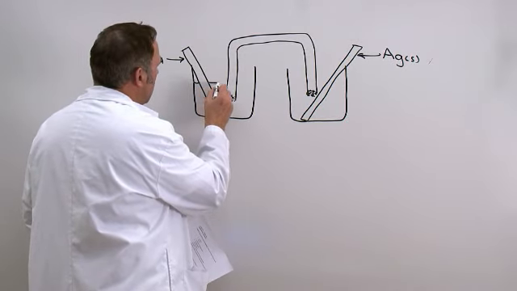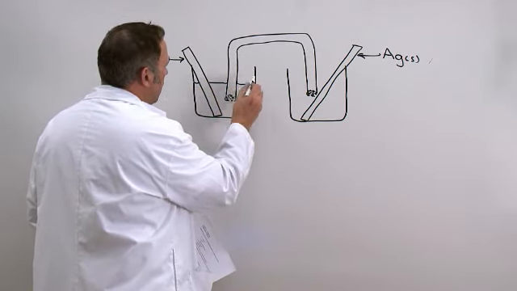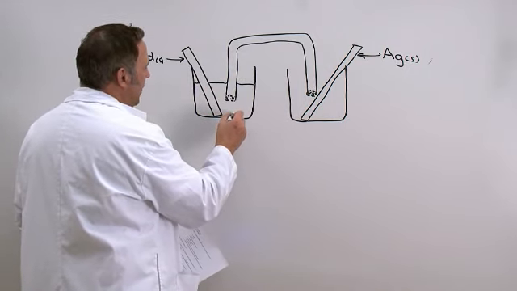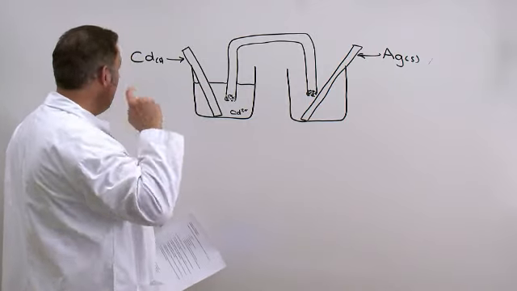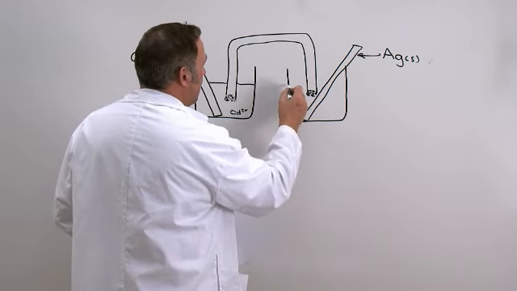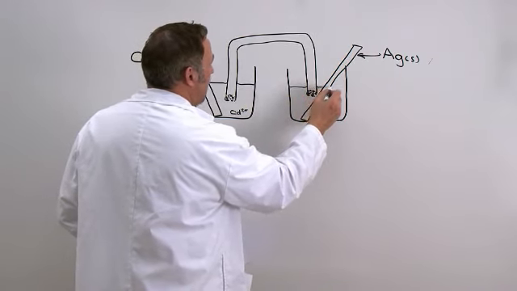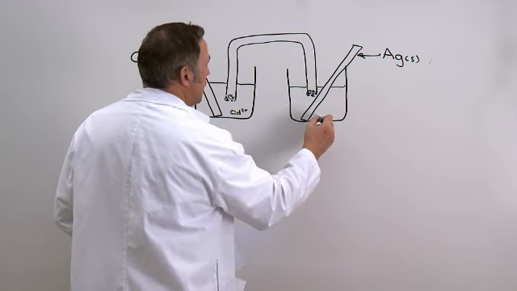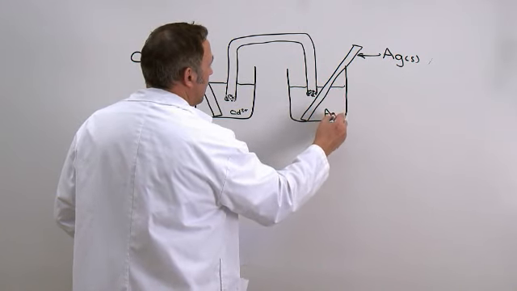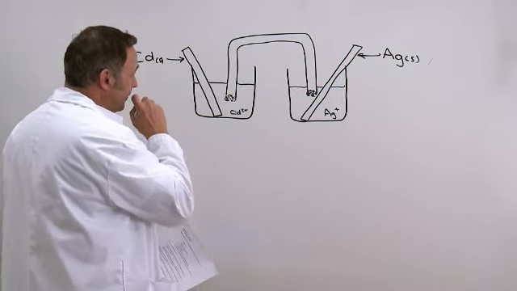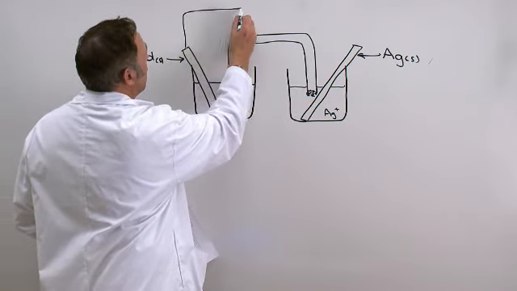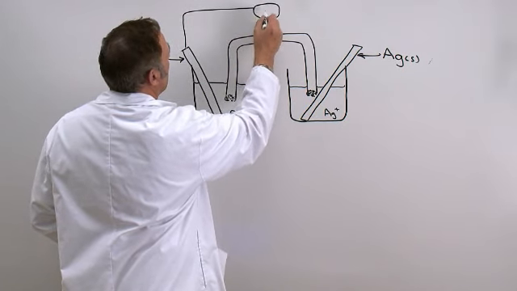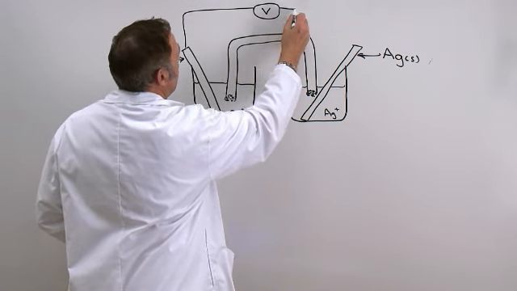And there's a solution of cadmium ions in this half cell, and for this half cell there's a solution of silver ions. Connecting the two electrodes, and there's a voltmeter there.